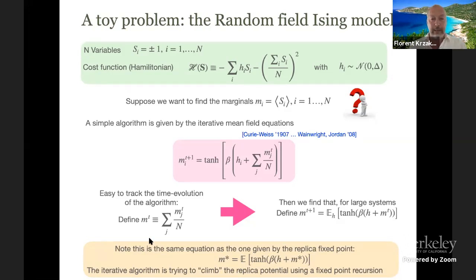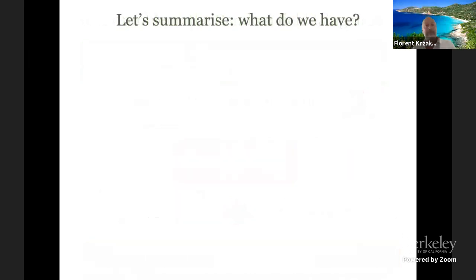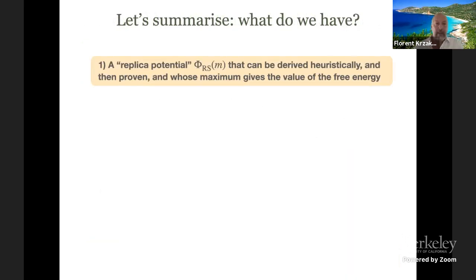All right, so let me briefly conclude what we have learned here. Well, first we had this replica potential. We derived it heuristically, then we showed how to prove it. And the maximum, or at least its extremum in general, but here it's a max, gives the value of the correct free energy. You can prove it.